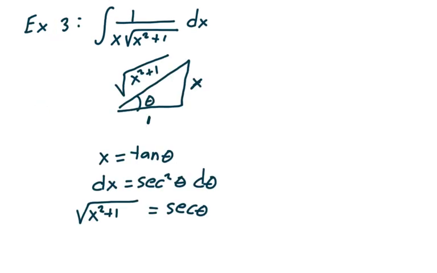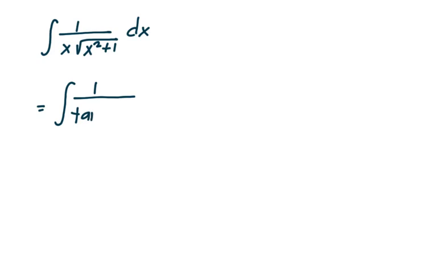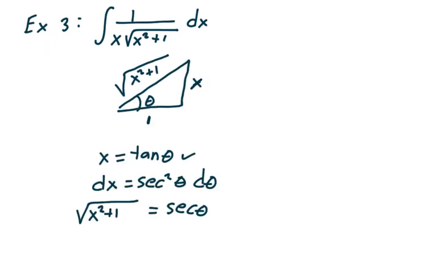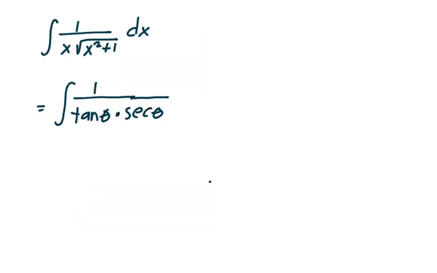So we have the integral of 1 over x square root of x squared plus 1 dx is equal to. Now, wherever I see an x, I'm going to plug in a tangent theta. Wherever I see a square root of x squared plus 1, I plug in secant theta. And then remember, dx is secant squared theta d theta.